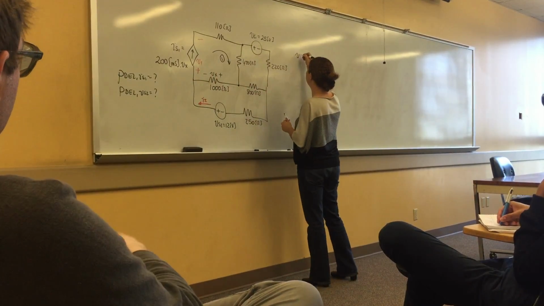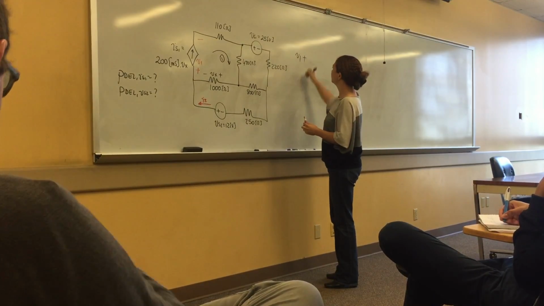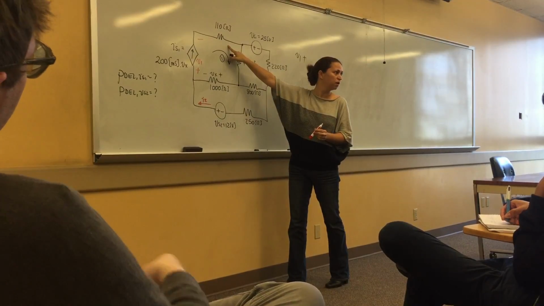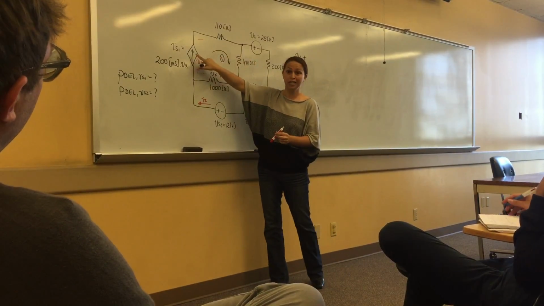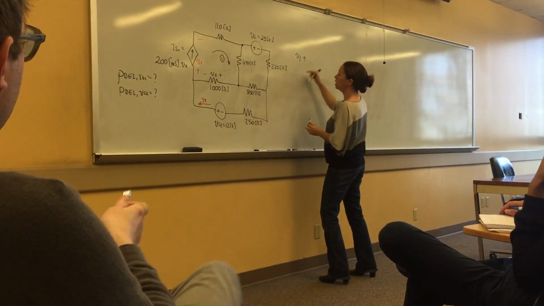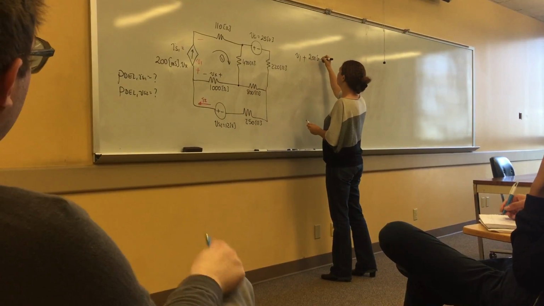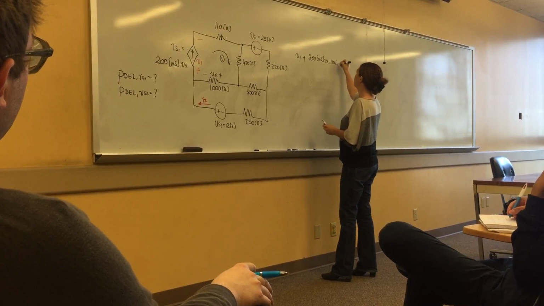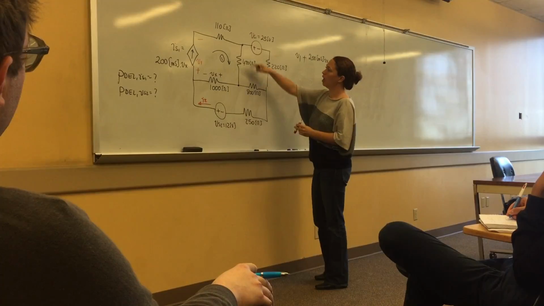So what I have is V1 plus. Now, do I know the current through this resistor? I think that's IS1. IS1 determines the current through this branch. So I have plus 200 millisiemens Vx times 110 ohm. Then, how about this current here?